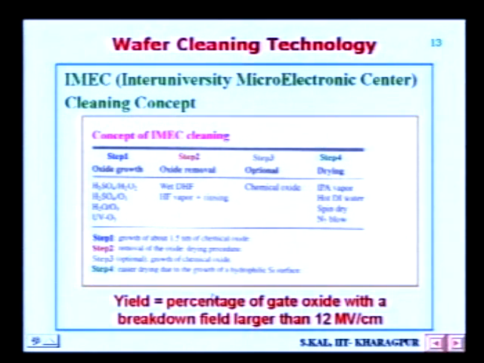Now the yield is one parameter which will define how well the wafers are cleaned from contamination, and that is basically known from the breakdown field. The yield is equal to the percentage of gate oxide with a breakdown field larger than 12 megavolt per centimeter.